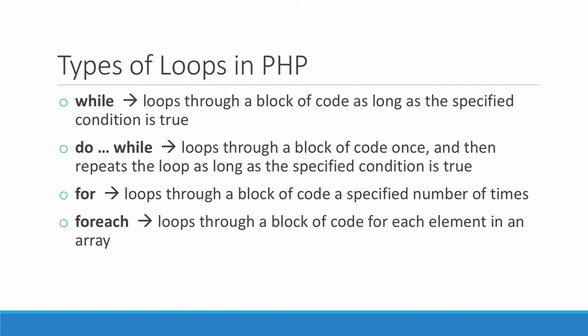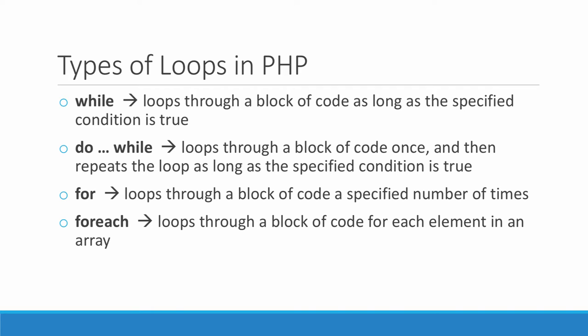The for loop, which is probably the most powerful of the loops that we have, probably one of the most frequently used, is also probably one of the most difficult to understand how exactly it works. But what it does is it loops through a block of code a specified number of times, and you actually specify.